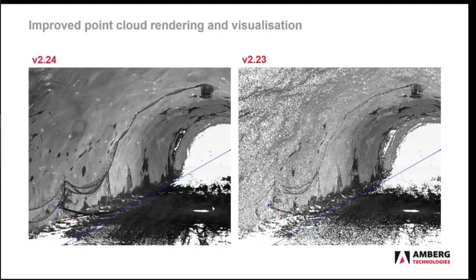So now we are rendering and visualizing these point clouds in a much better way. We can load more points into the editor, which means it's easier to identify, for example, objects that you want to remove. In general, it's a cleaner data set, and it's much more responsive. So we've done quite a bit of work in this area for dealing with these large point clouds.